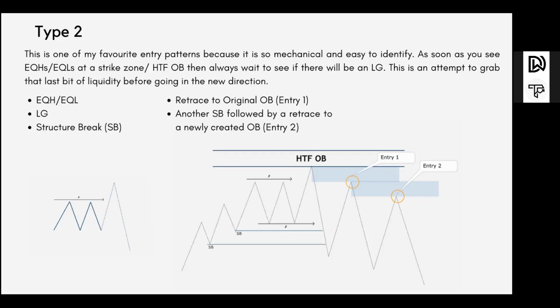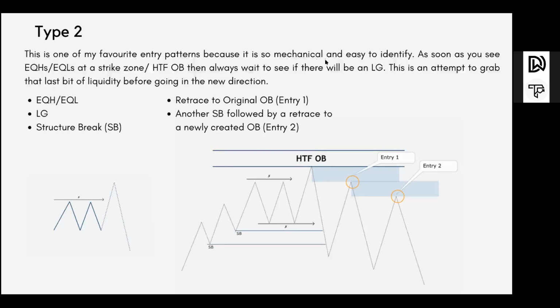So as soon as you see the equal highs and equal lows at a strike zone, a higher time frame order block, then we always wait to see if there will be a liquidity grab. This is an attempt to grab the last bit of liquidity before going in the new direction. So just to sum up what we're looking for, first of all, we want to see equal highs and equal lows created. That is very important.